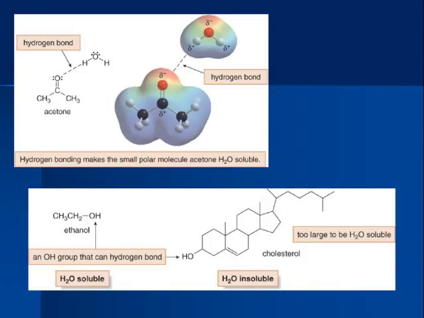The rule is that it has to have one polar functional group for every 5 carbons. Ah, the 5-carbon rule that I like. That's right. So for every group that can form a hydrogen bond, either accept or donate, if you have 5 or fewer carbons for each one of those groups, chances are it's soluble in water. Ethanol fits that bill. Cholesterol doesn't even come close. This is more fatty. So would it be more organic soluble or more water soluble? More organic soluble, that's right.